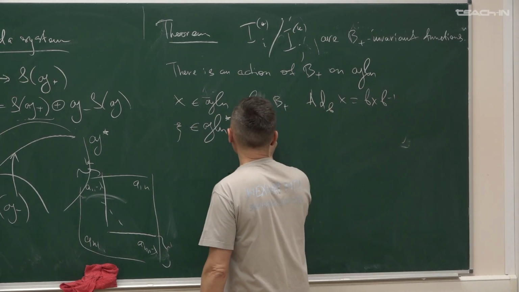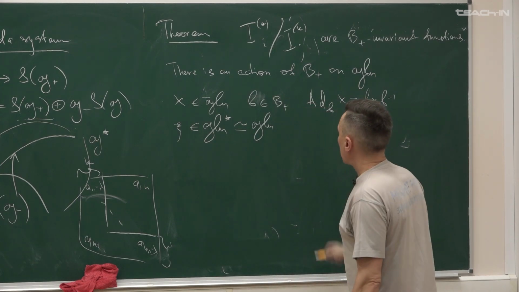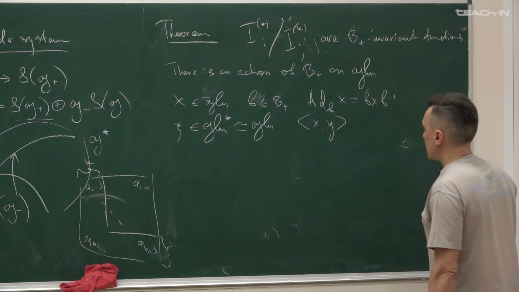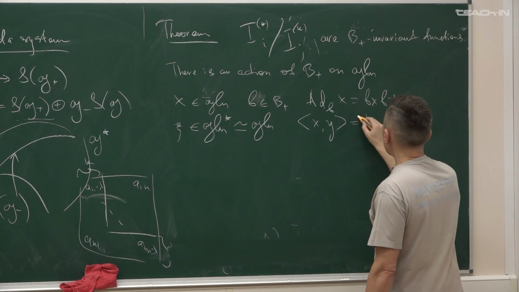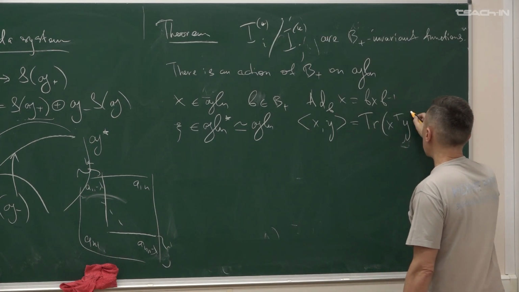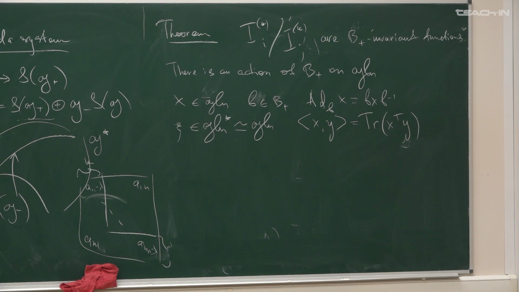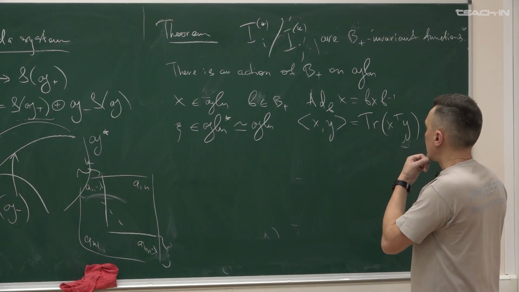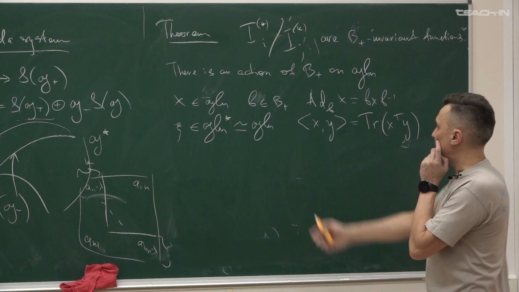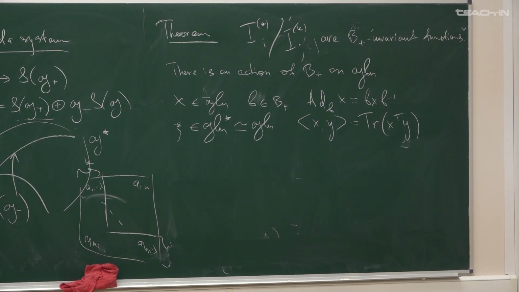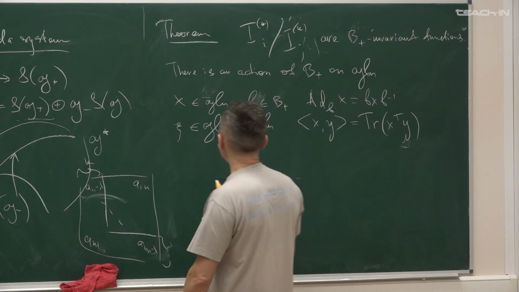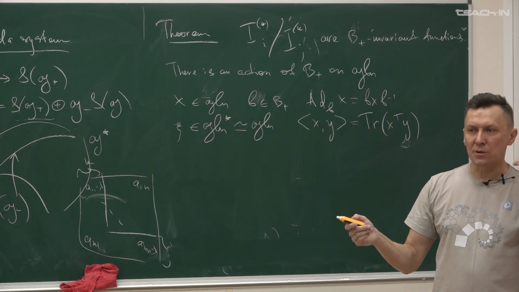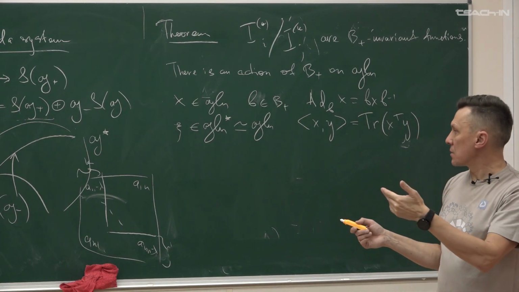So let us identify it with GLN with the help of the scalar product, which is trace of x transpose y. So with the help of the scalar product, we can identify the dual space with itself. So it means that the elements of the dual space are also matrices, and we have to define the action.